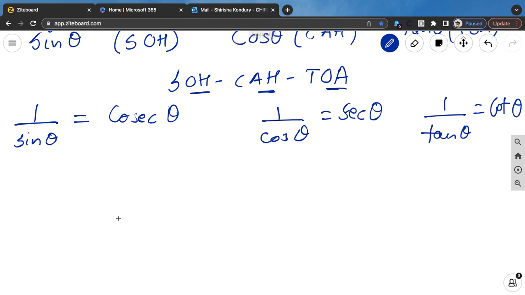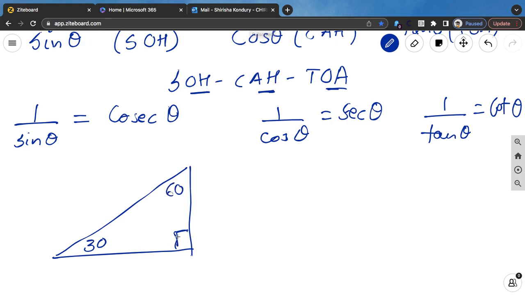So let us first look at sine and cos and try to understand their relation. I'll again move to this 30, 60, 90 triangle, and I told you that if I know the hypotenuse, then the side opposite to 30 is half the hypotenuse, and the side opposite to 60 is root 3 by 2 of the hypotenuse.